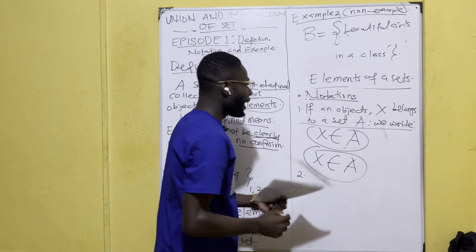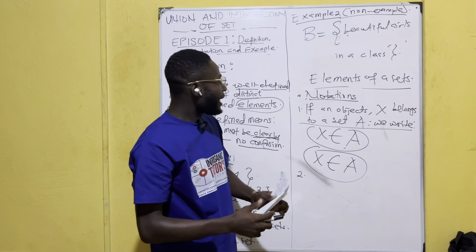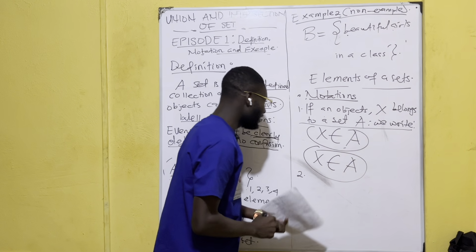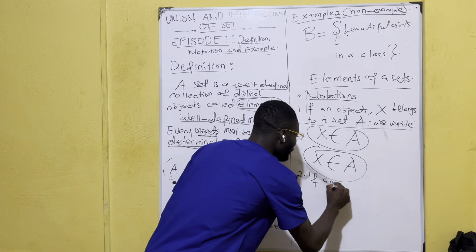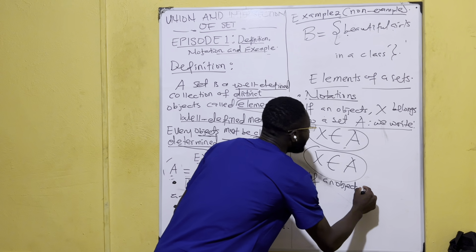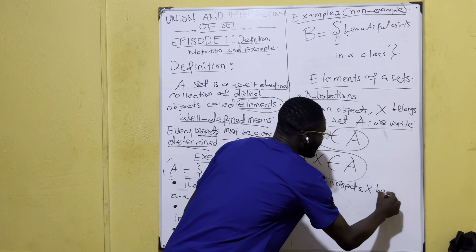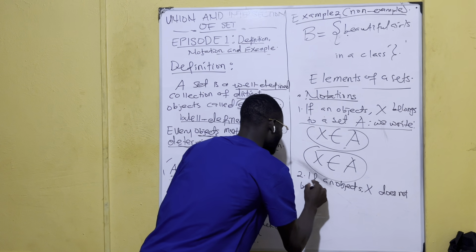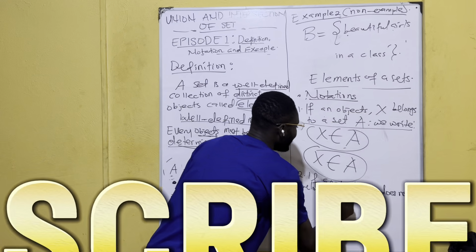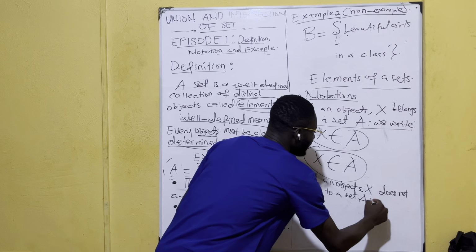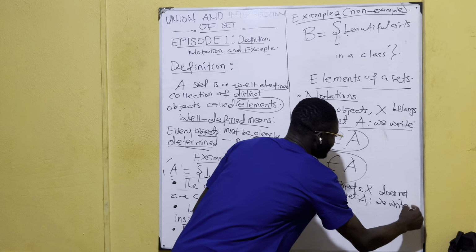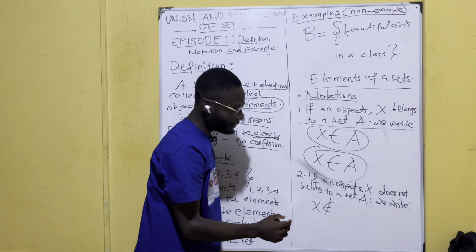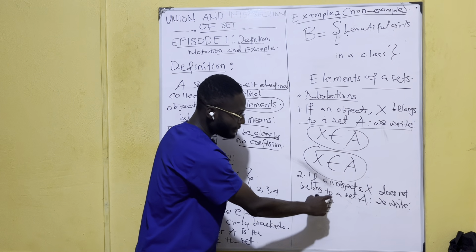Second, if, for instance, we say that an object X does not belong to what? A, so if an object X does not belong to a set A, we write that as X does not belong to A. You see the way we write it, we just cross it with a slash.